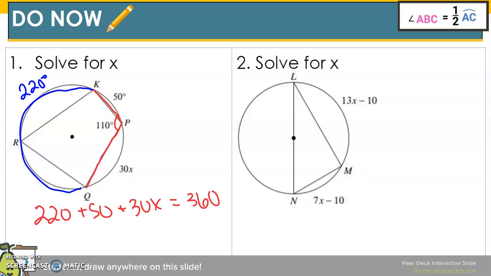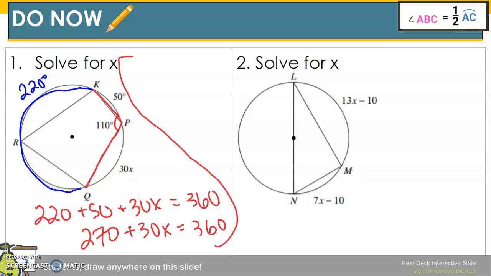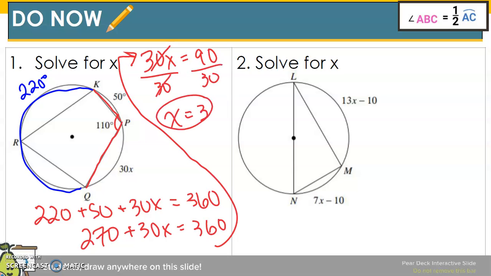We're going to combine like terms: 220 plus 50 is 270, plus 30x equals 360. We're going to subtract 270 from both sides, and I'm going to move my work over here. I would get 30x equals 90. We want to get x by itself, divide by 30 on both sides. That cancels out, and x equals 3.